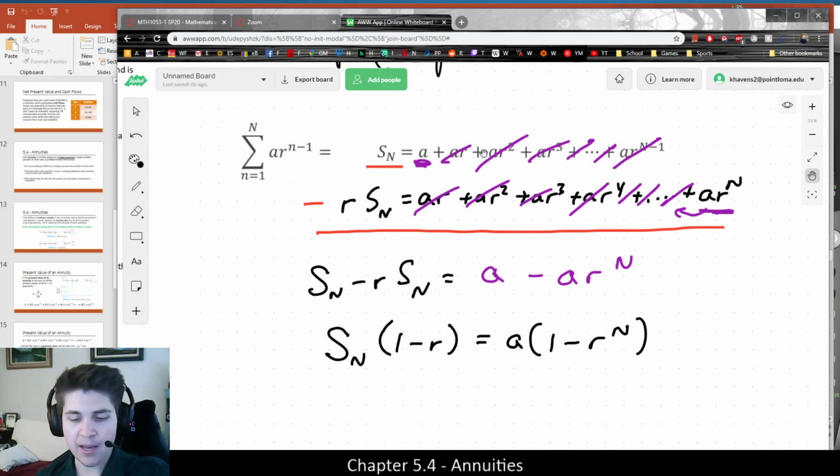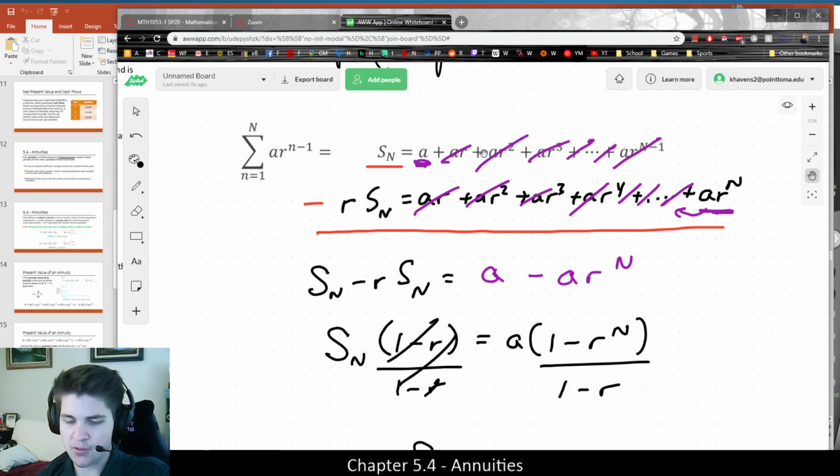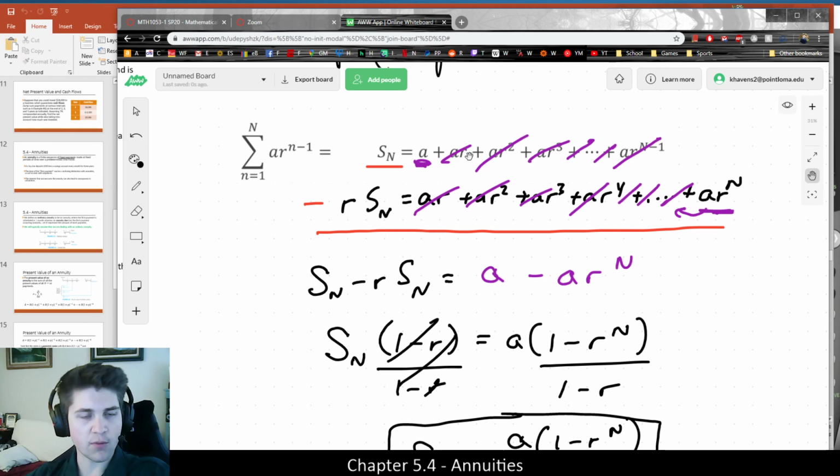The reason I would want to do this is because my goal here is to figure out what is Sn, the formula for the generic sum of that series. Now I could divide both sides by 1 minus r to finish isolating that, which would leave me with the nth partial sum formula, which is a times 1 minus r to the n over 1 minus r. And that is the generic formula for the sum of a geometric series.